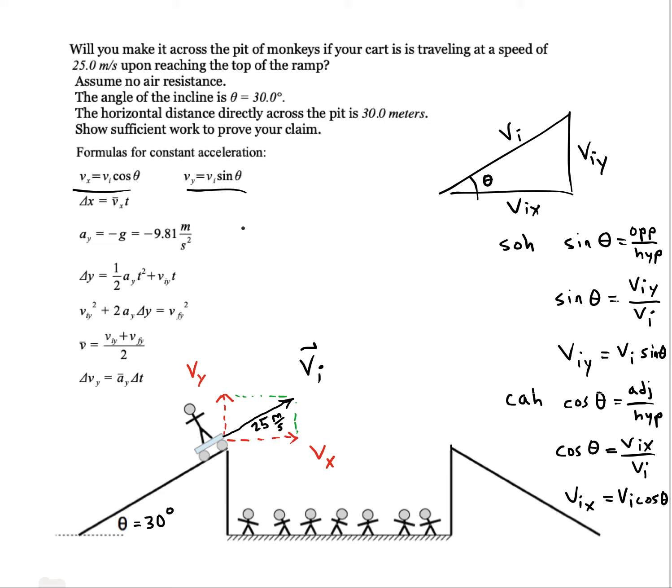So we'll have 25 cosine 30. That's going to be Vix, 21.7. All right, then let's do Viy. 12.5 it'll be.